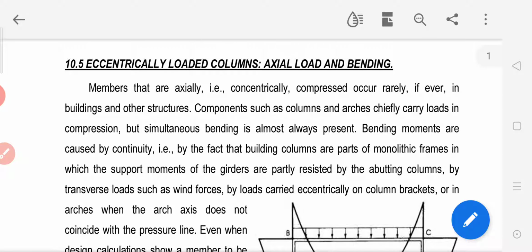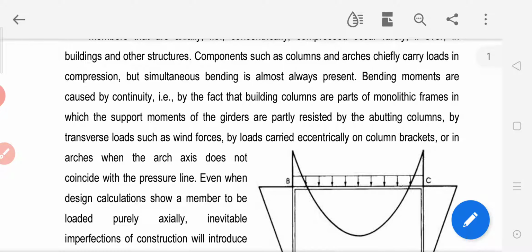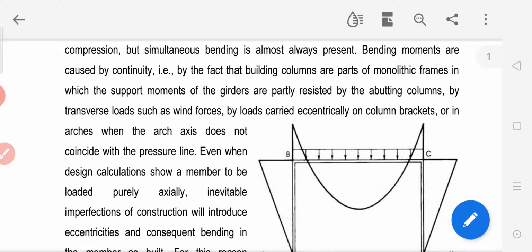Eccentrically loaded columns, axial load and bending. Members that are axially, that is concentrically, compressed occur rarely in buildings and other structures. Components such as columns and arches carry loads in compression, but simultaneous bending is almost always present.